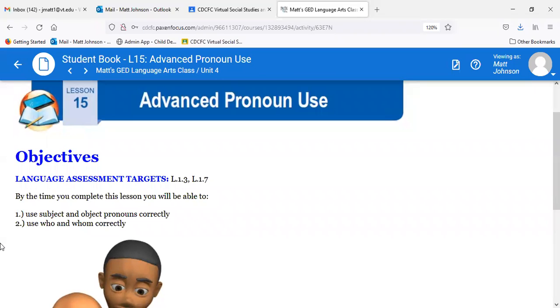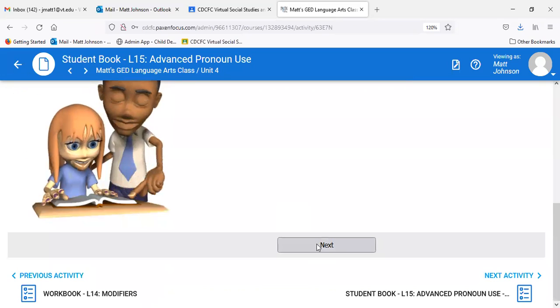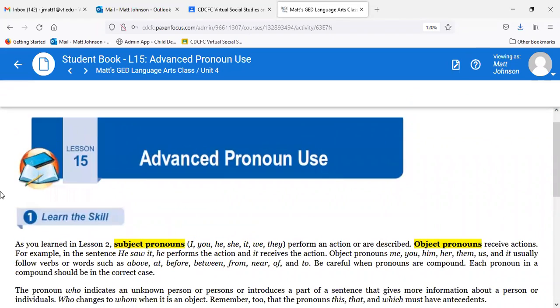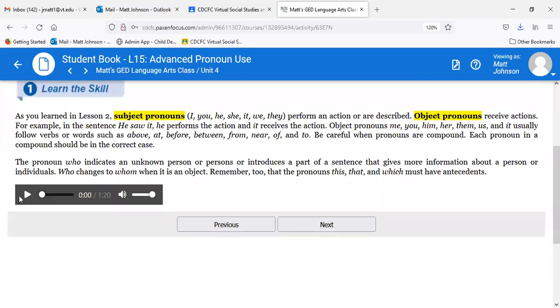By the time you complete this lesson, you will be able to use subject and object pronouns correctly and use who and whom correctly. Who and whom are some of the most misused words in the English language. Those get confused a lot. So we'll get a lesson about that here.